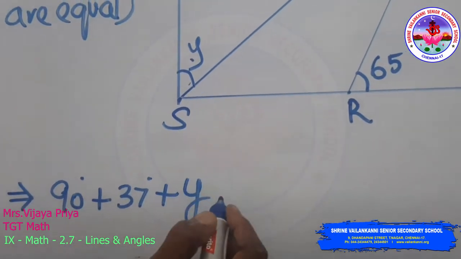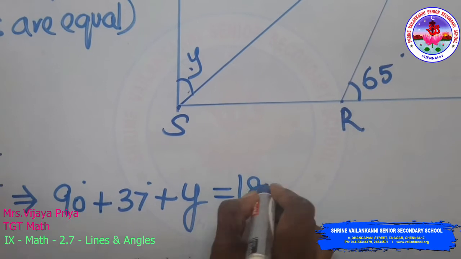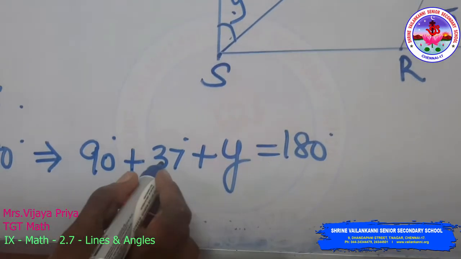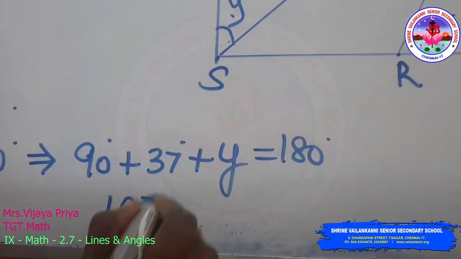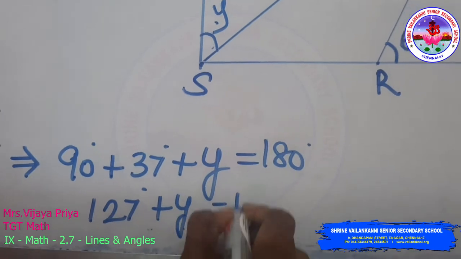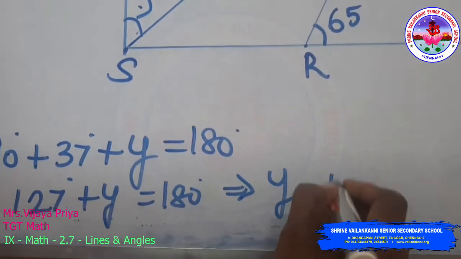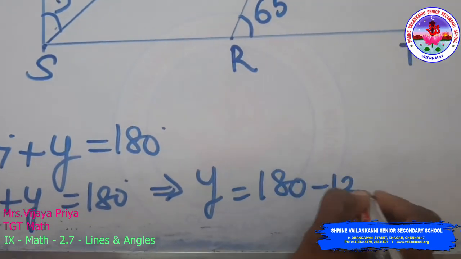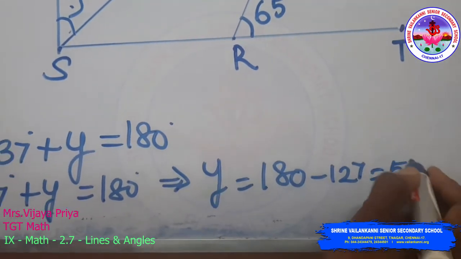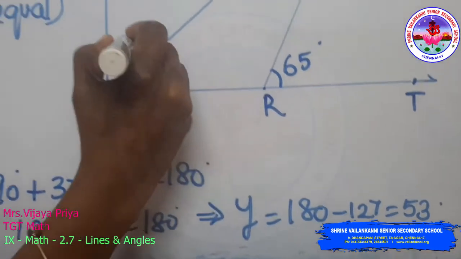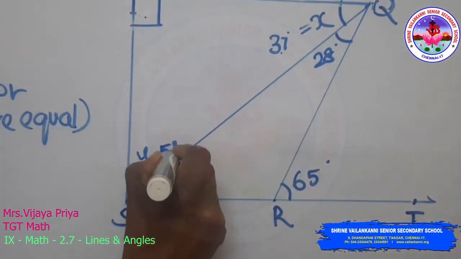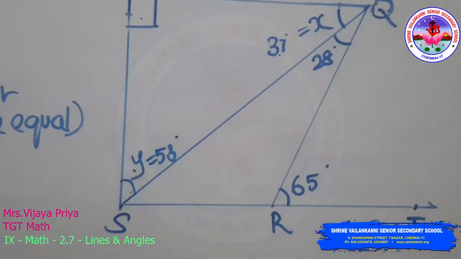Now I want to find out my Y, which is equal to 180 degrees minus (90 plus 37), I will get 127. So 127 plus Y is equal to 180 degrees, which implies my Y is equal to 180 minus 127, which is equal to 53 degrees. So I got my Y value as 53 degrees.